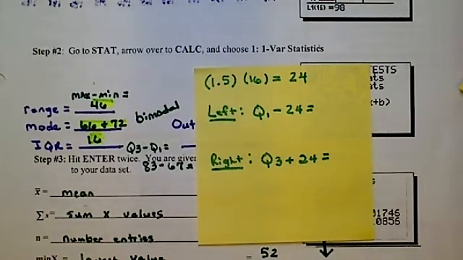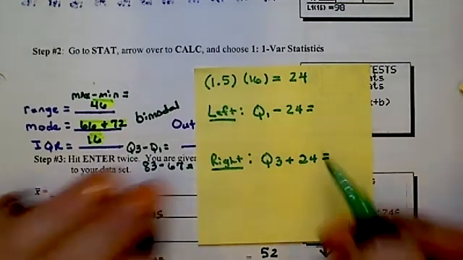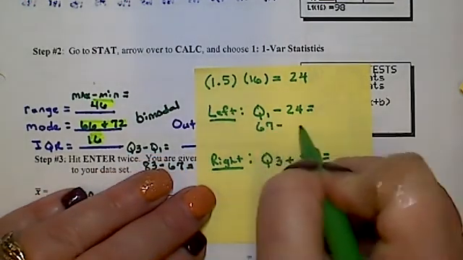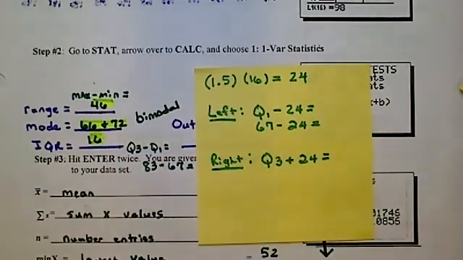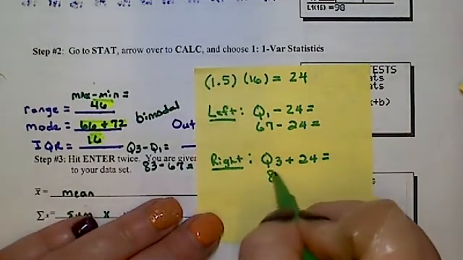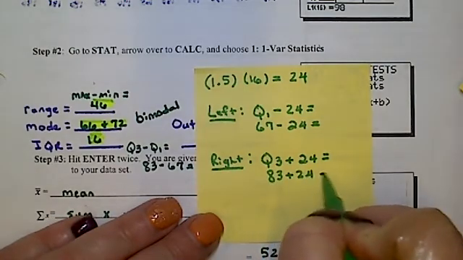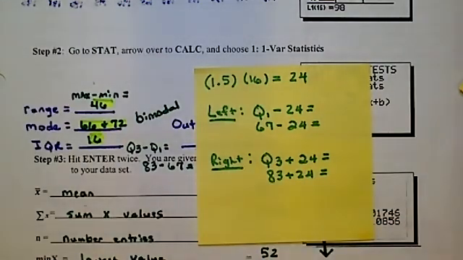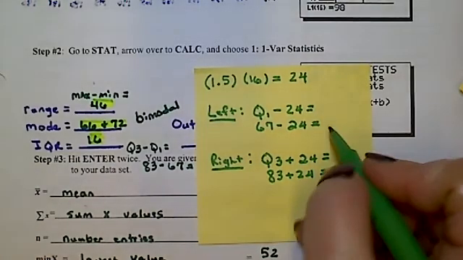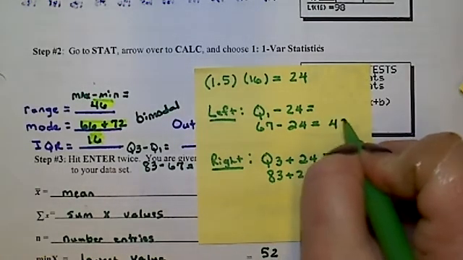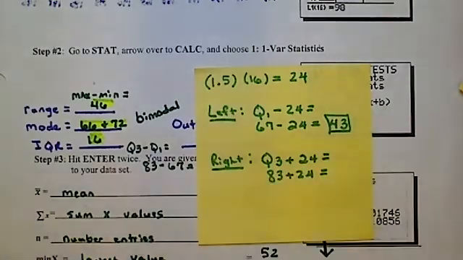So our Q1, I believe we said was 67. And our Q3 was 83. So this would be 43. And this would be 107.